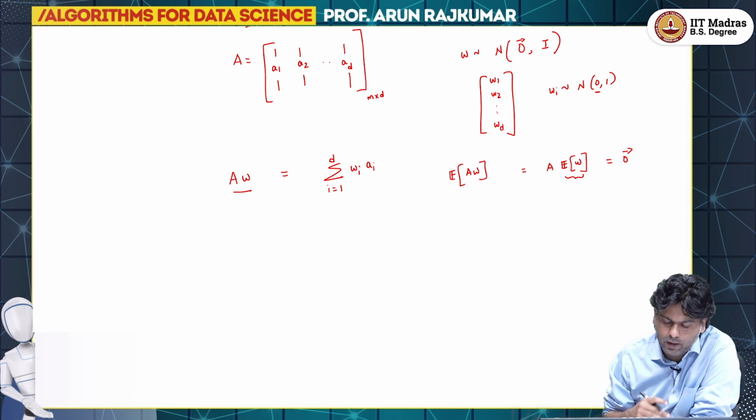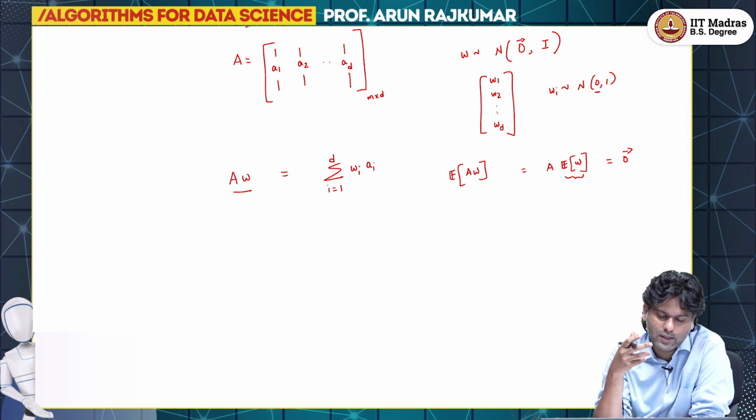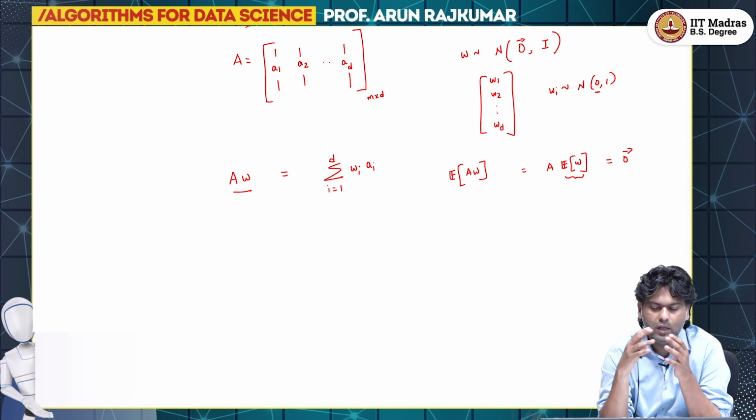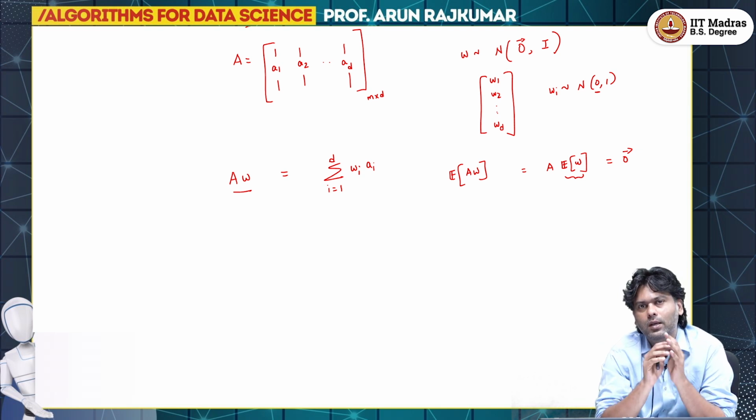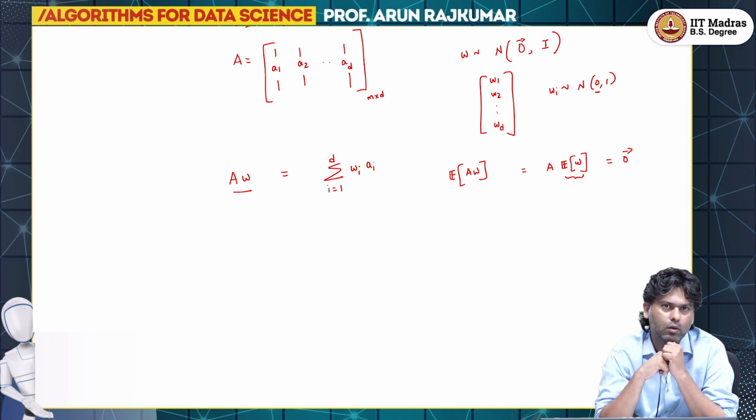But what we want to know is, do we have information about the general directions in which A is spread? That's what we are trying to preserve in some sense, and the question is, do we have that information if I multiply A with omega?